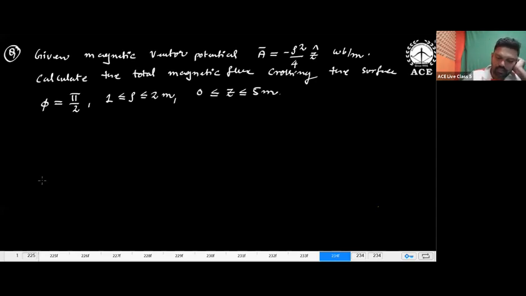Here is a question. So the given magnetic vector potential A is equal to minus rho square by 4 z cap Weber per meter square. Calculate the total flux crossing the surface. Phi is equal to pi by 2. Rho is ranging from 1 to 2. Z is from 0 to 5.